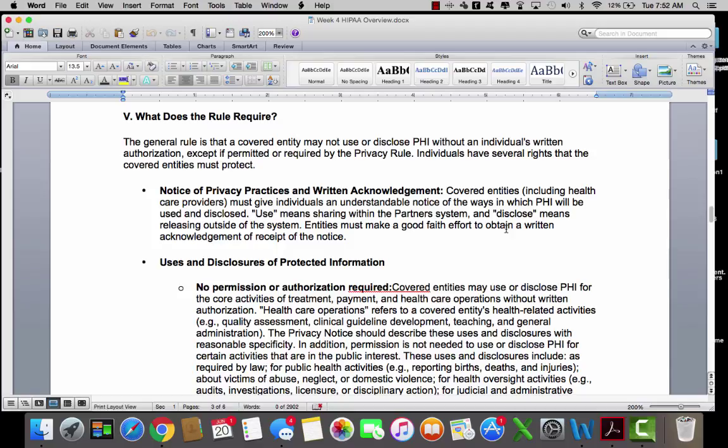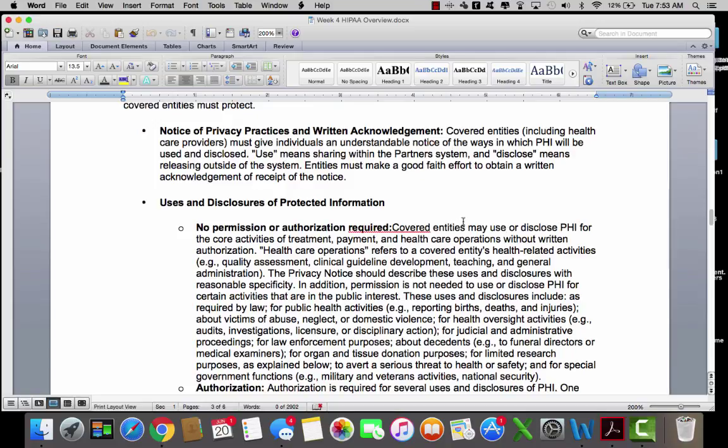Then that organization can use my information for treatment, payment, and healthcare operations. They do not have to ask me again at any point in my care unless they make a change to their Notice of Privacy Practices. So there is no consent that's required. There is no written authorization that's required for any of those uses. And that's kind of how this is detailed here.